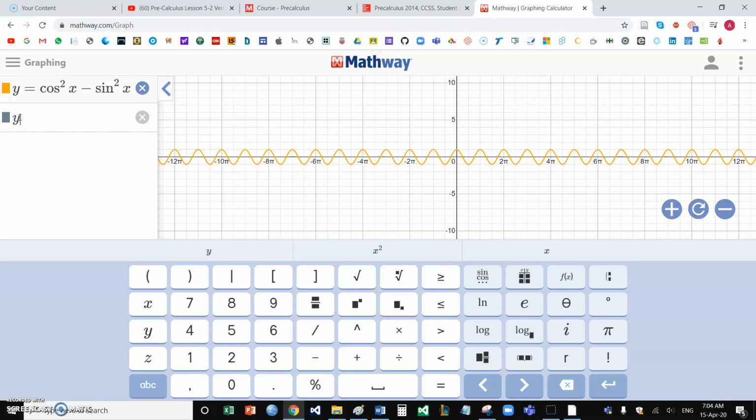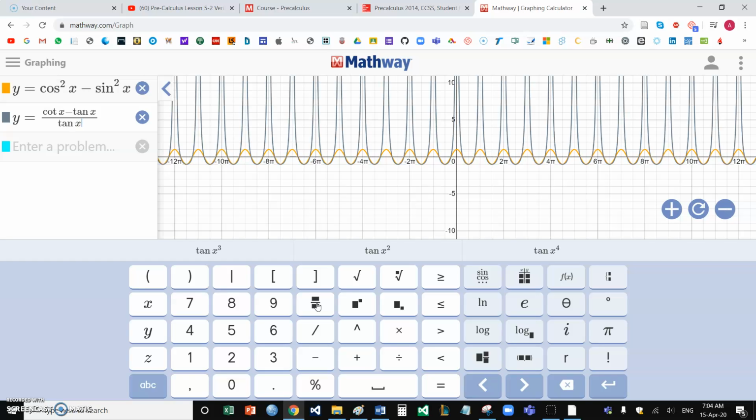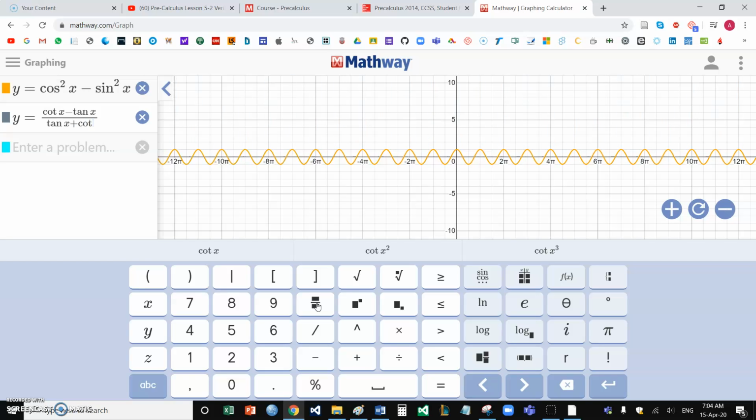And the right side, y equals cotangent x minus tangent x over tangent x plus cotangent x.